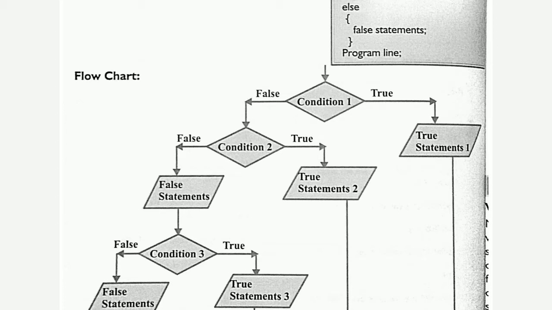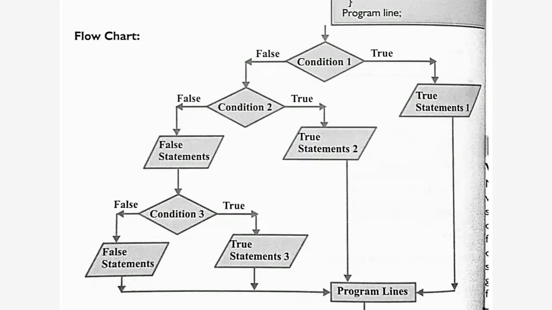Next you can see that this is a flowchart of the else if ladder. Here you can see that three conditions are being checked, so altogether four outputs can be received.